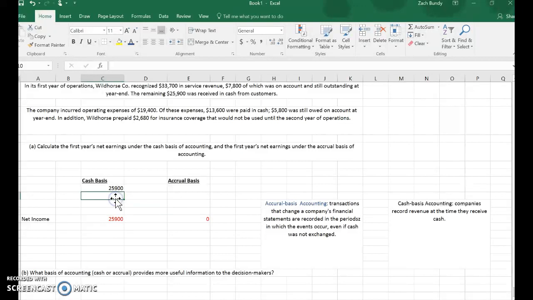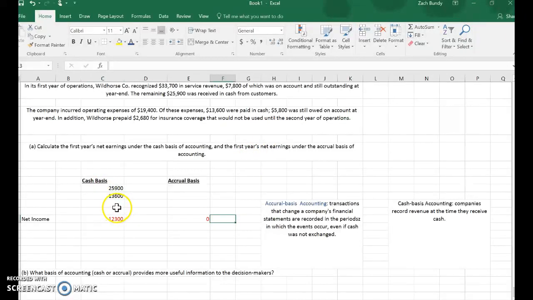Now expenses, when we record expenses, these are deducted from the revenue to see what our net income will be for a company. The company incurred operating expenses of $19,400, but they only paid $13,600 in cash. So we'll only record that $13,600. We're not going to do anything with that $5,800.